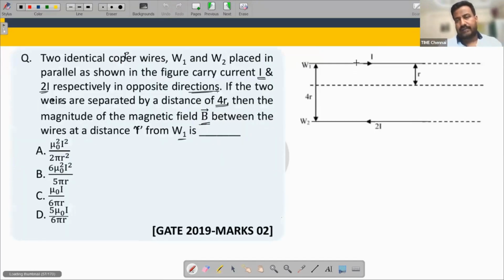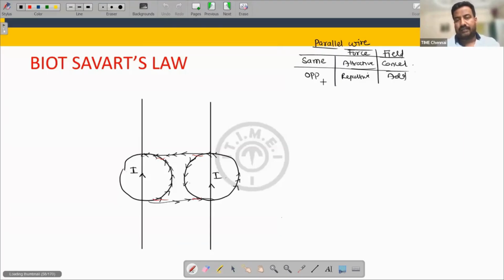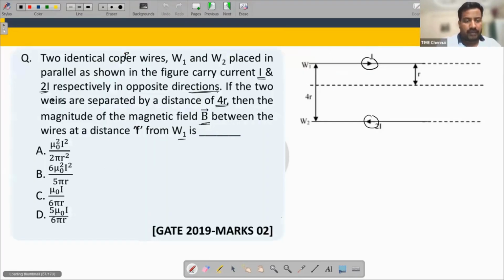Now in this case, current is in the opposite direction. Whenever current is in the opposite direction, the field is adding. So from this I can say B is equal to B1 plus B2.